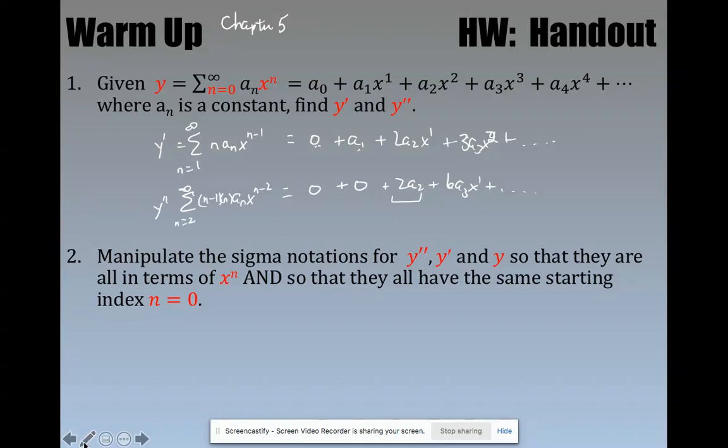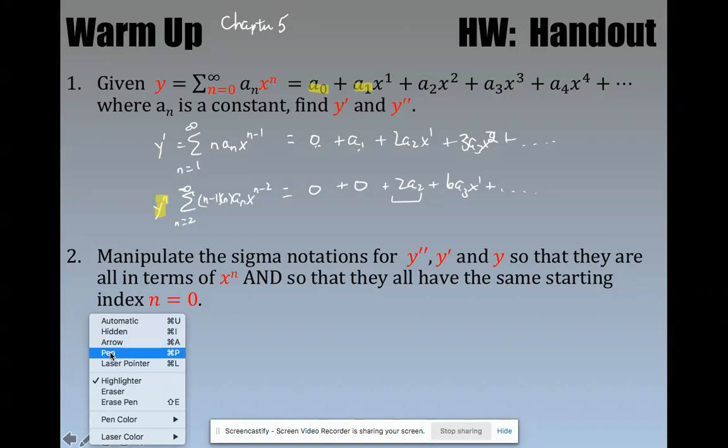So we are going to be dealing with a sub 0 and a sub 1, as long as you're going to the second derivative, as being arbitrary constants. Kind of think of those as our c sub 1 and c sub 2 previously.